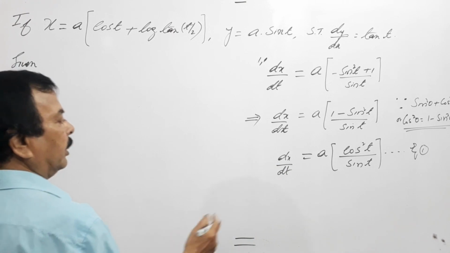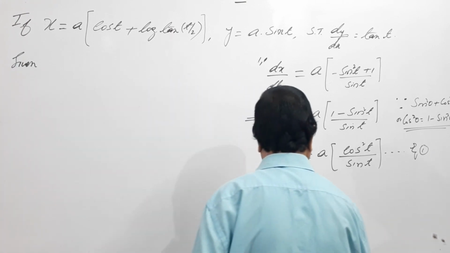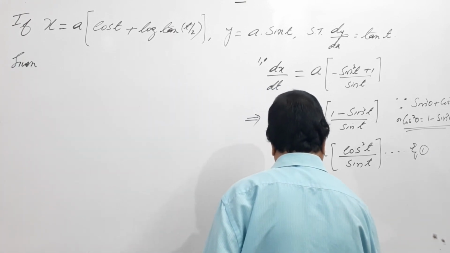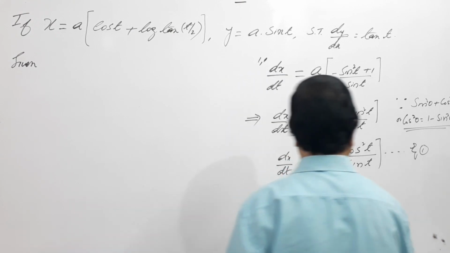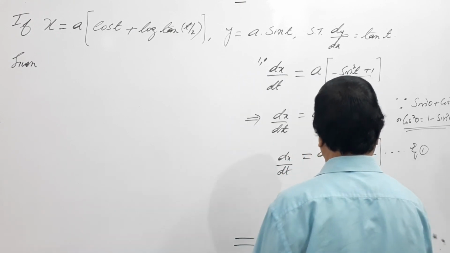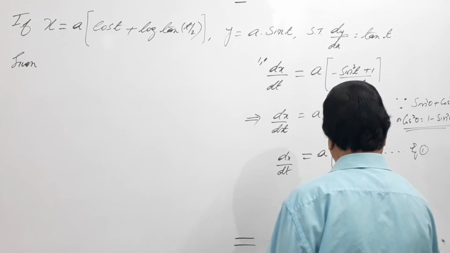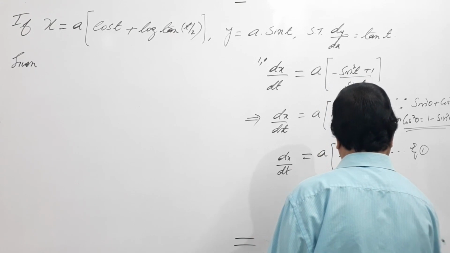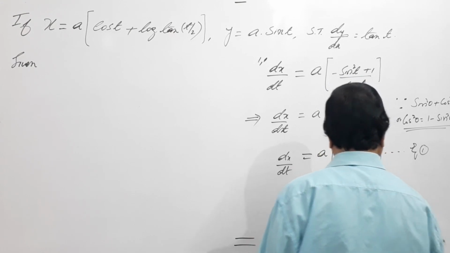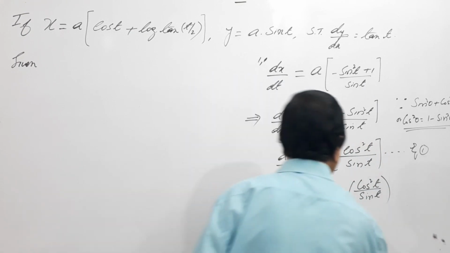Now, therefore, dx by dt is a into cos square t by sin t. Okay.